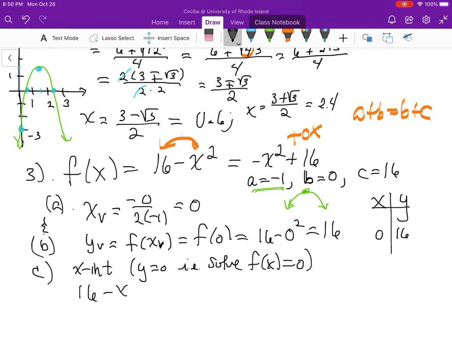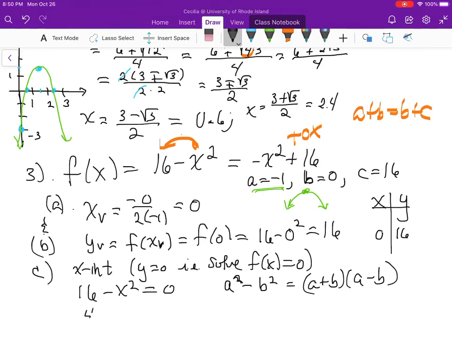But that means where is 16 minus x squared equal to 0? Well, you can view this as a squared minus b squared. If you remember, that's a plus b times a minus b. That's one of the forms that we've memorized for factoring easily.